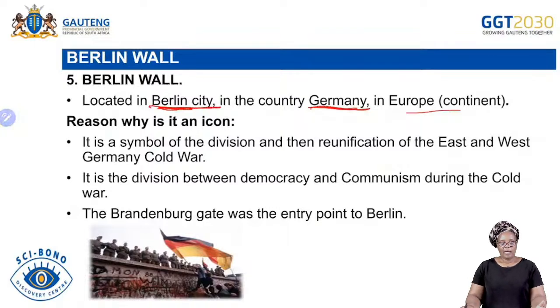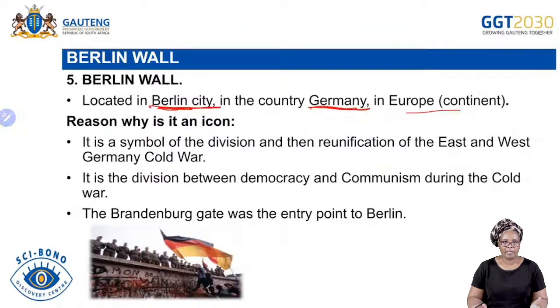So when you look at this, you'll know that it is the division between the two during the Cold War, because one side believed in democracy and the other in communism.